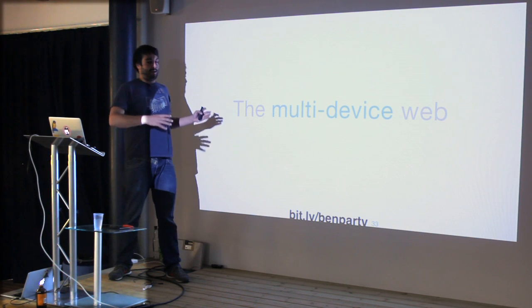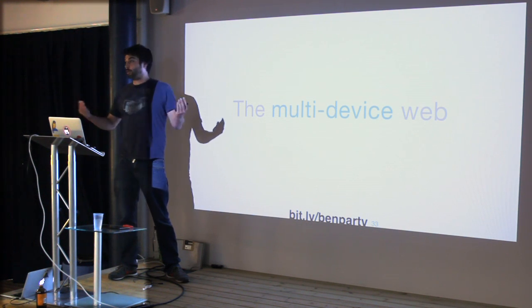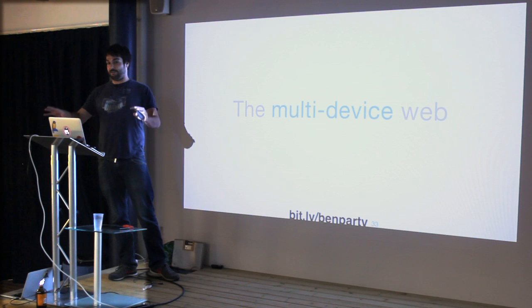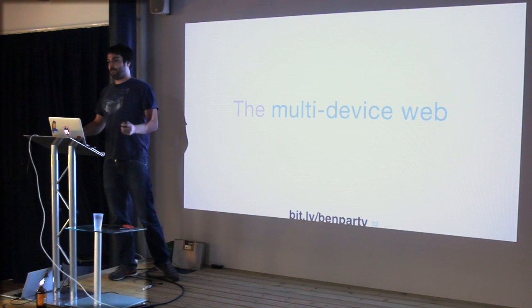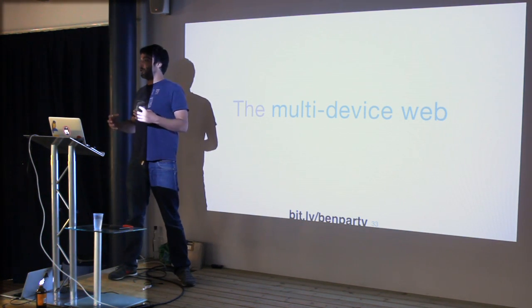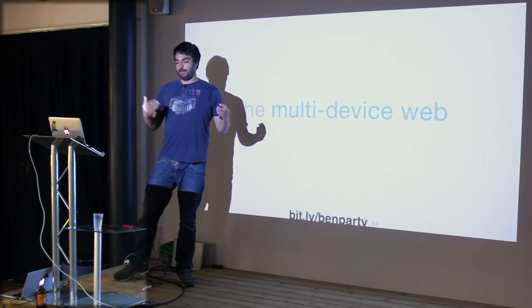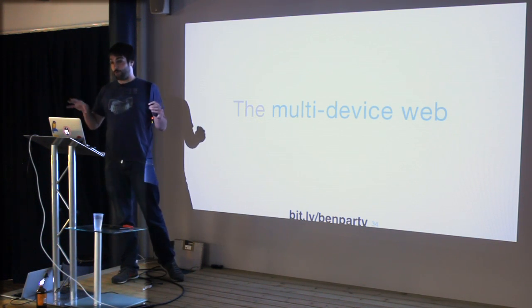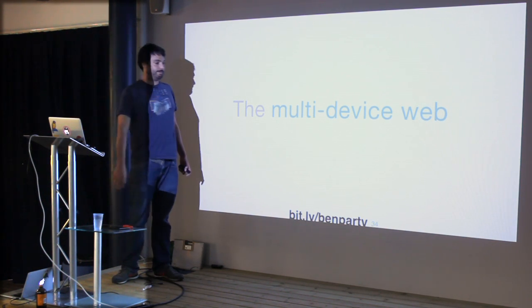The multi-device web is about utilizing those together in close proximity to create one interface with technology. And the web is really great here, because it allows you to distribute content to a variety of different device types. By combining those various devices together, you can do some really interesting things.